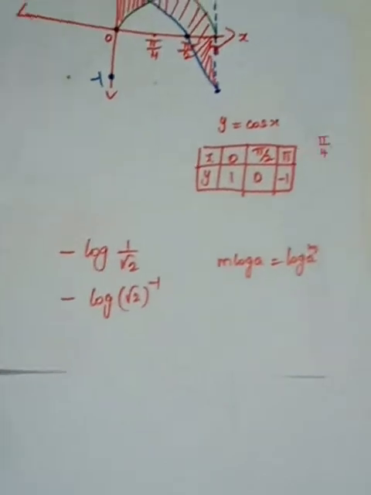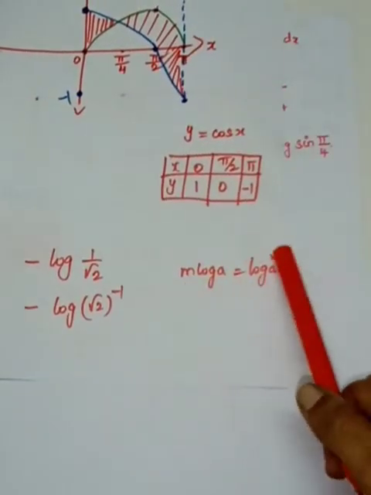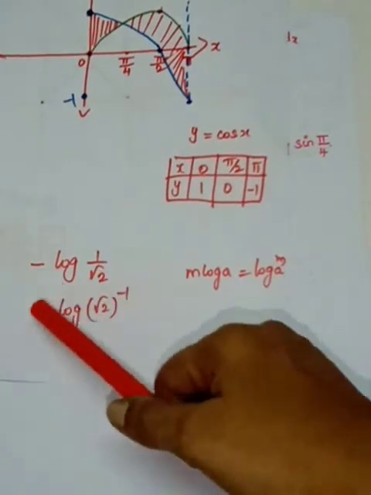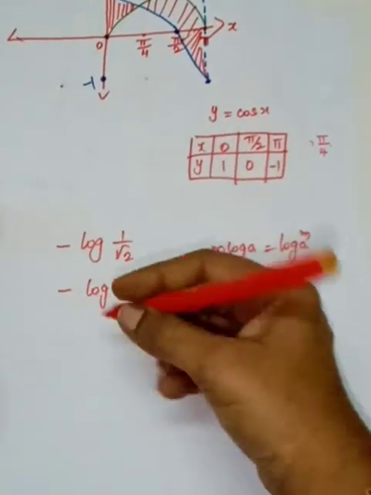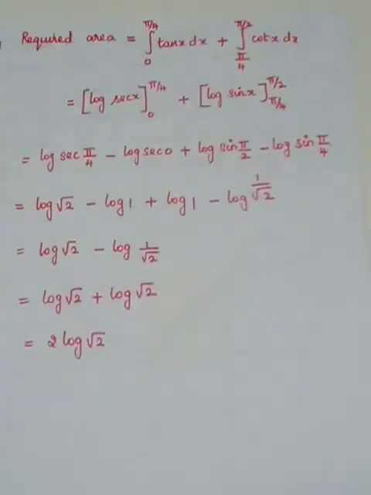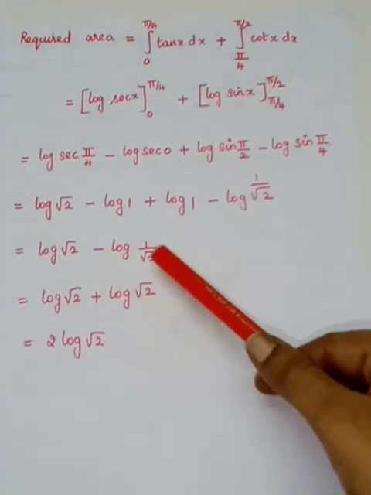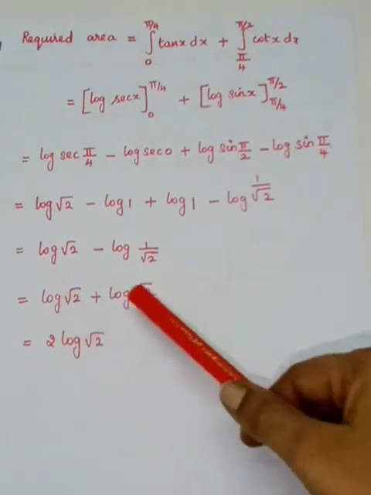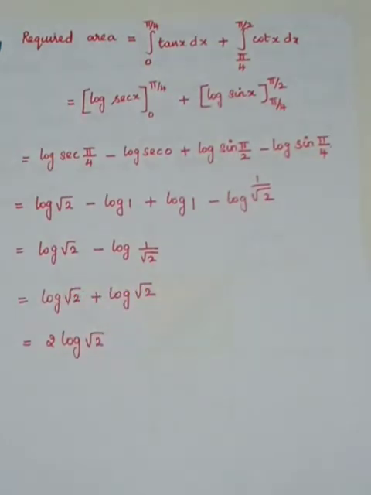If you have log a power m, you can write the power in front as m log a. So this minus 1 comes in front, and minus log 1 by root 2 can be written as plus log root 2. So log root 2 plus log root 2 is 2 log root 2, which will be the answer.